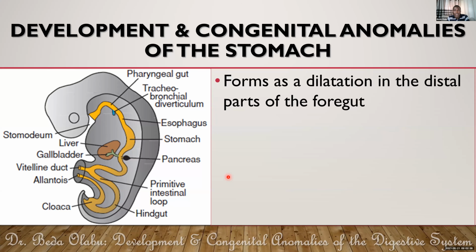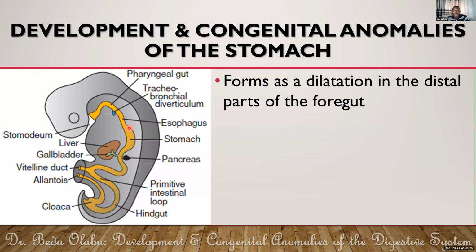For the stomach, it begins with a swelling that forms in the distal part of the foregut. The term commonly used in textbooks to describe that swelling is fusiform dilatation. It's a very smooth dilatation.